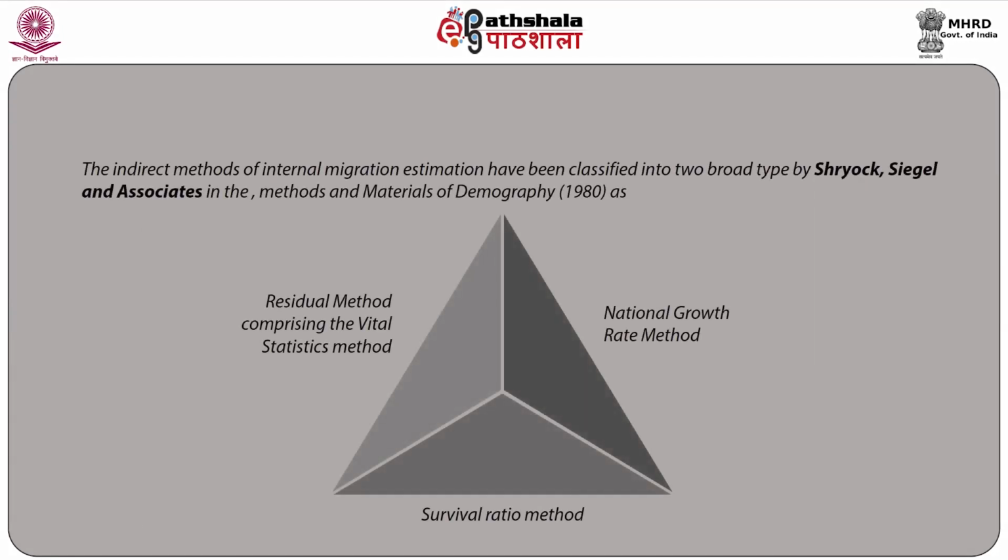The indirect methods of internal migration estimation have been classified into broad types by Shryock, Siegel and Associates in the Methods and Materials of Demography in 1980: first, the National Growth Rate Model; second, the Residual Method, comprising the Vital Statistics Method; and third, the Survival Ratio Method.